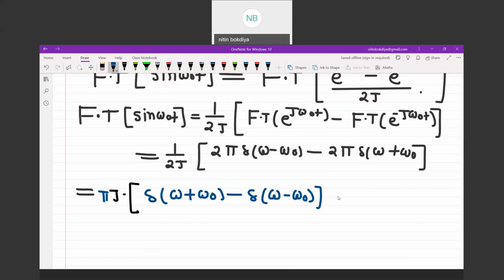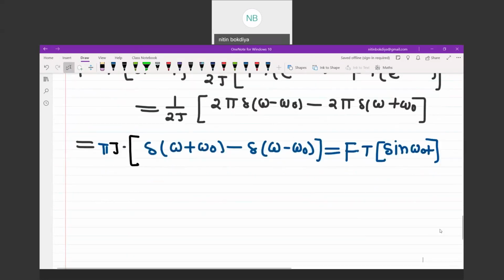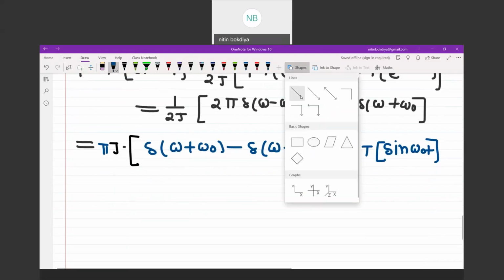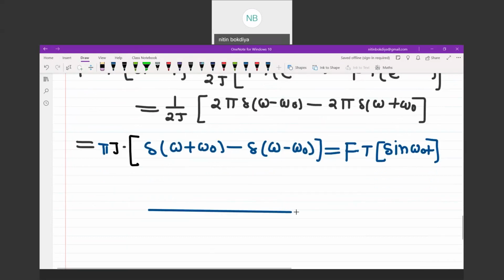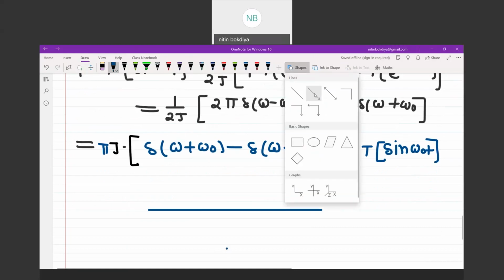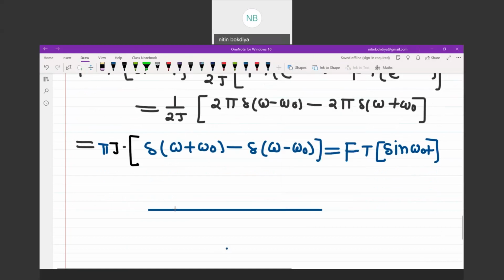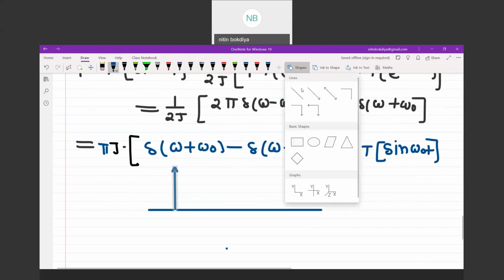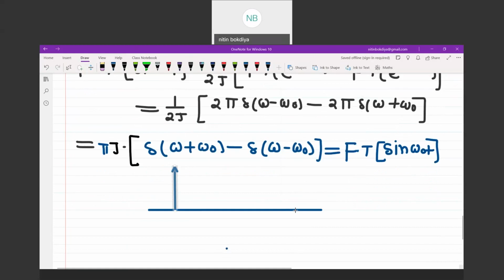This is nothing but the Fourier transform of the function sine omega naught t. So if I draw its amplitude, one impulse at minus omega naught, and one impulse you will get at plus omega naught.